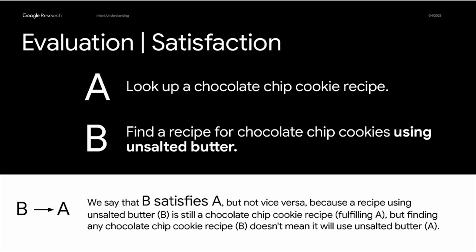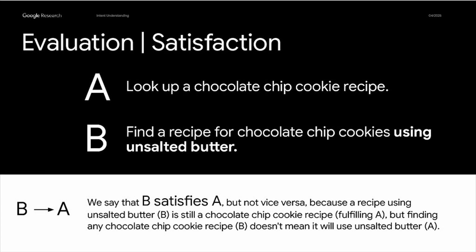Achieving that goal also inherently satisfies the broader goal of just look up a chocolate chip cookie recipe, which we can call goal A. Okay, so getting the specific result automatically covers the general one. Exactly. But finding just any old cookie recipe doesn't guarantee it uses unsalted butter, so it only flows one way. Precisely. It's directional. Goal B satisfies goal A, but goal A doesn't necessarily satisfy goal B.